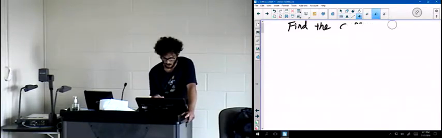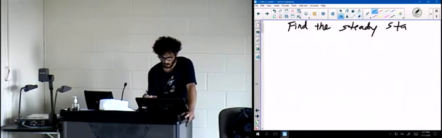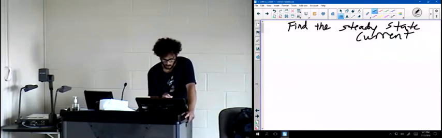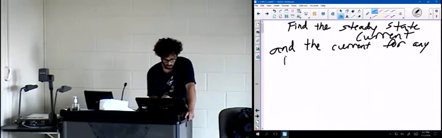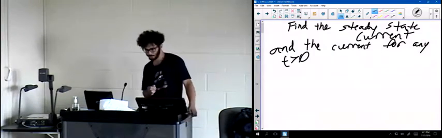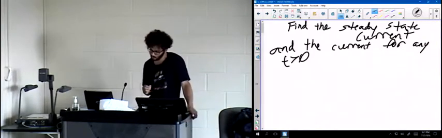Actually, find the steady state current and the current for any t greater than 0.